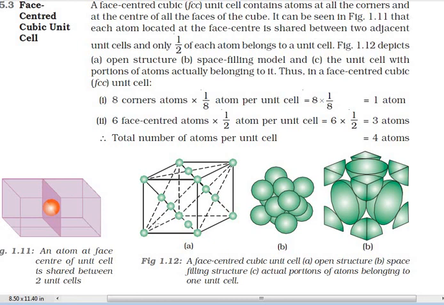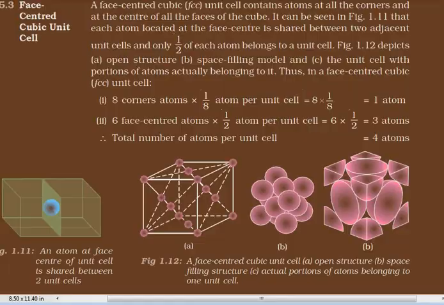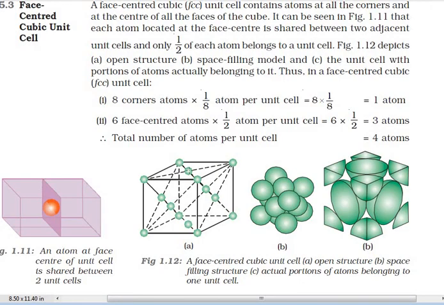So now you can see this figure 1.2, which clearly depicts the open structure, 8 corners, this upper 4 corners and lower 4 corners, then 6 faces, 1, 2, 3, 4, 5 and this 6.